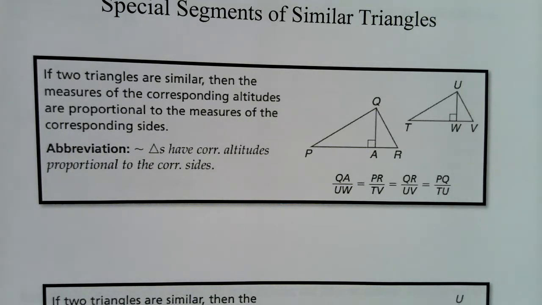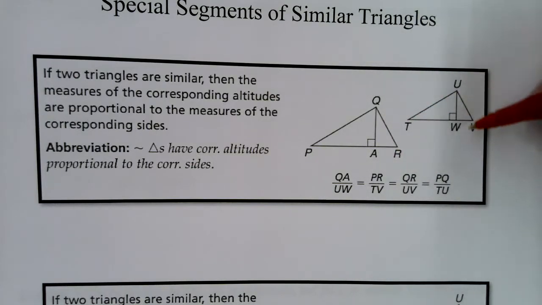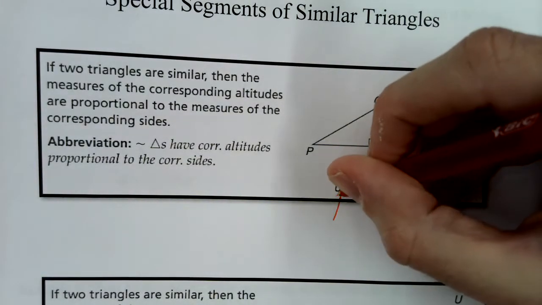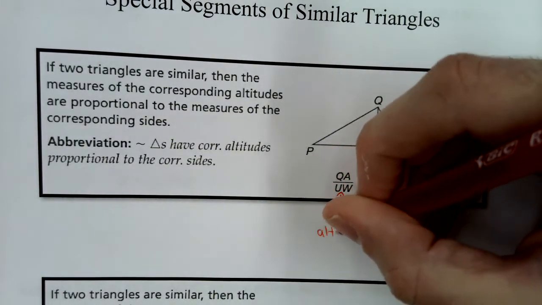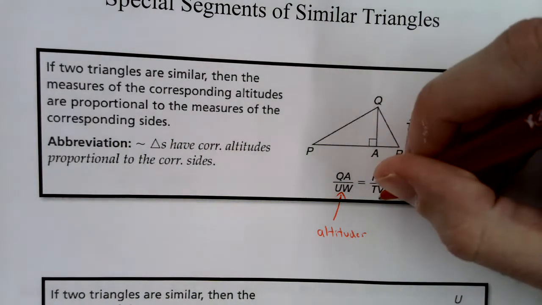So your altitude is QA, your altitude is WU. Okay, those are your altitudes. I'm just going to jot that down. These are the altitudes. And these are the corresponding sides.